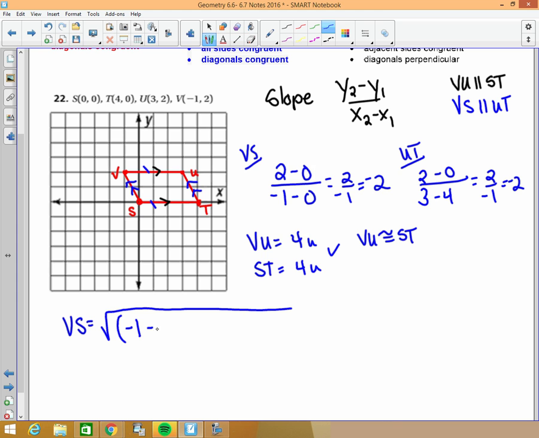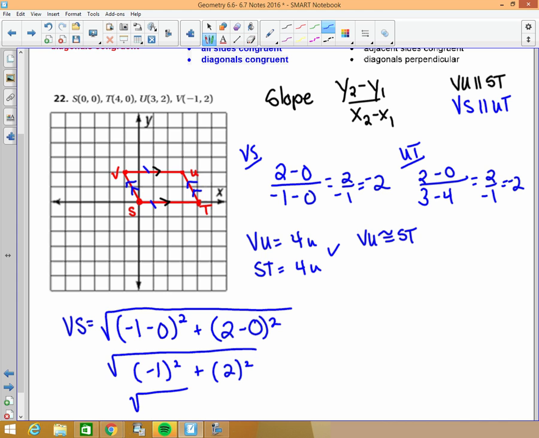And what's the x coordinate for S? 0 squared. Plus, what's the y coordinate for V? Okay, and what is the y coordinate for S? Okay, 0. So if I plug those in, I'll get -1 squared plus 2 squared. That's going to give me the square root of 5.